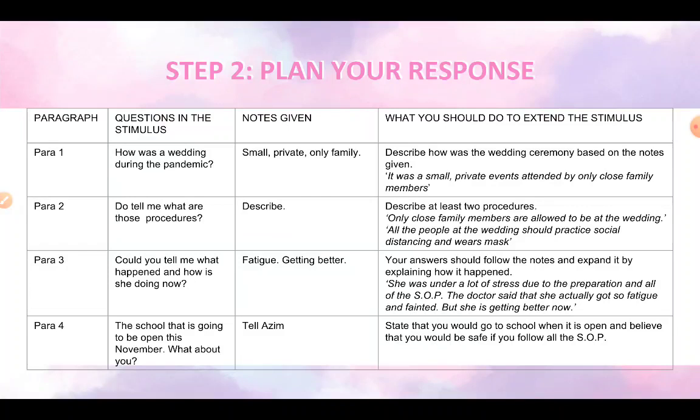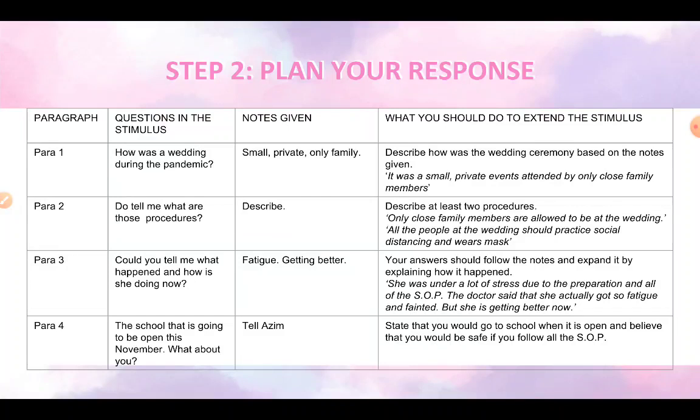The simple answer is she was under a lot of stress due to the preparation and all of the SOP. The doctor said that she got so fatigued and fainted, but she is getting better now. Okay, that would be the answer for question 3.